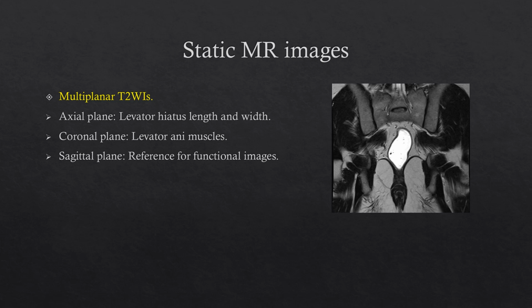Once you have any levator muscle atrophy or wasting, this could be horizontal in configuration or sometimes concave. We are using also the sagittal plane as a reference for the functional images. So it's very important to have axial, coronal, and sagittal planes.